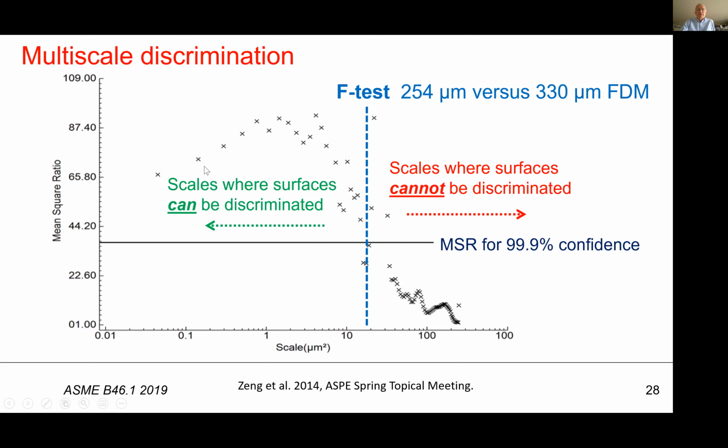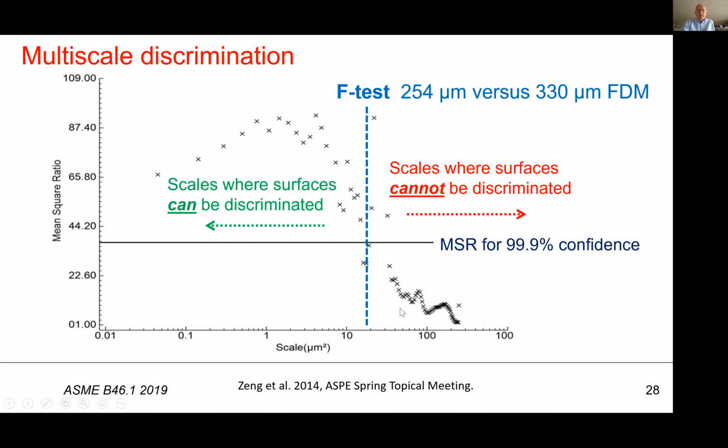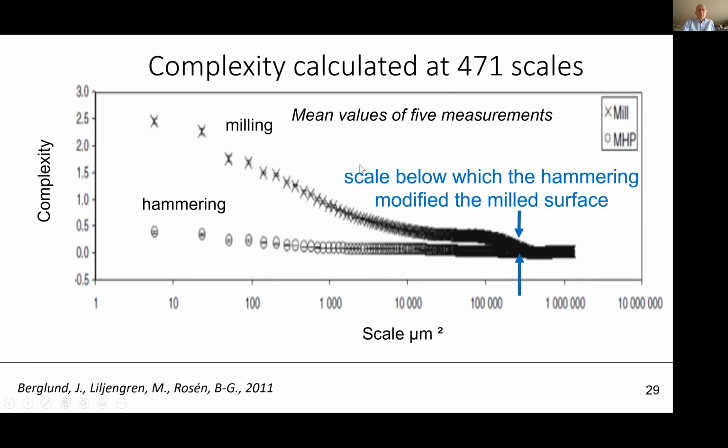But this is scales where these surfaces can be discriminated. And here are the scales where they cannot be discriminated with this level of confidence. If we remember right, we had a certain amount of overlapping here. And now we are seeing how we can discriminate.